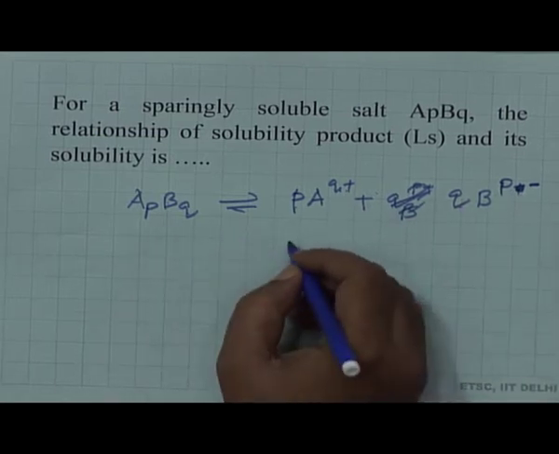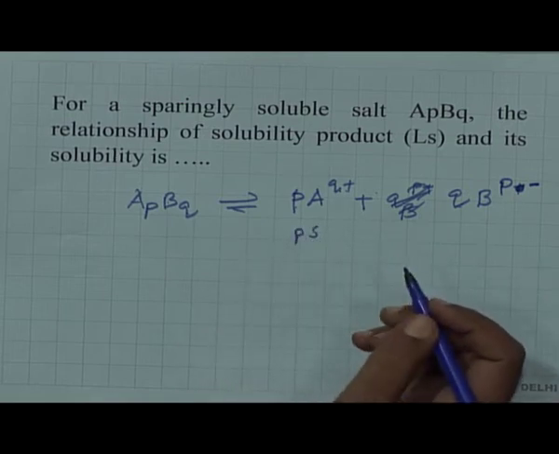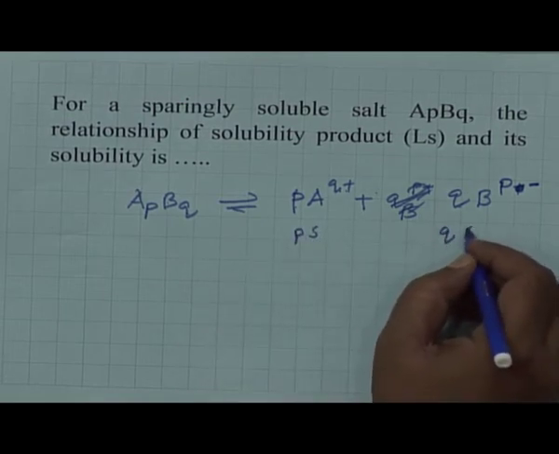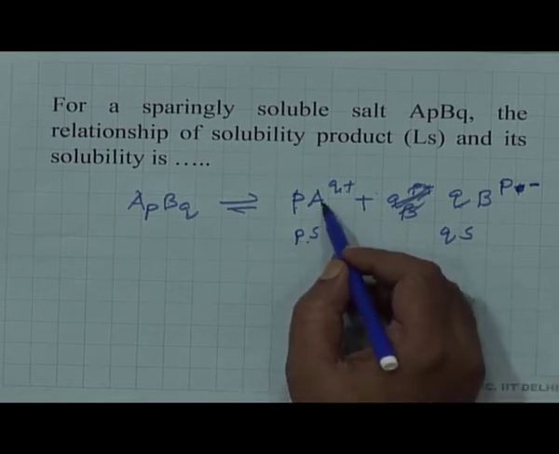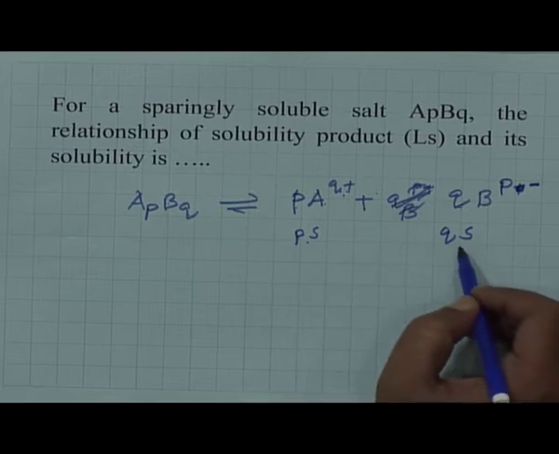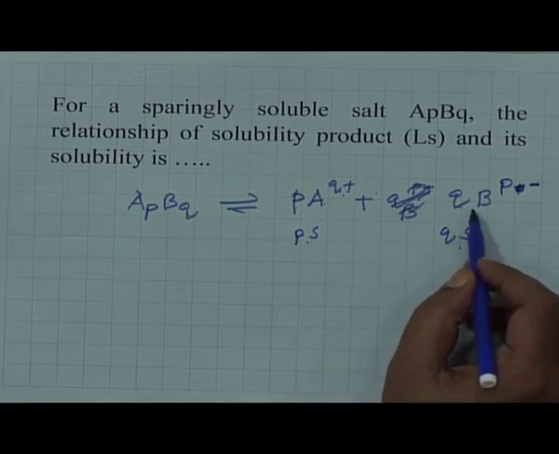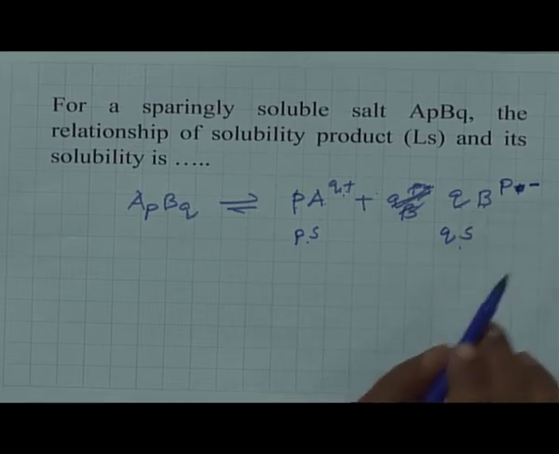If solubility is S, what we are going to get is PS and QS mole per liter. So, you have PS mole per liter of A^Q+ and QS mole per liter of B^P-.